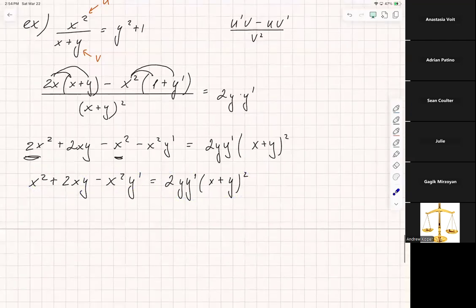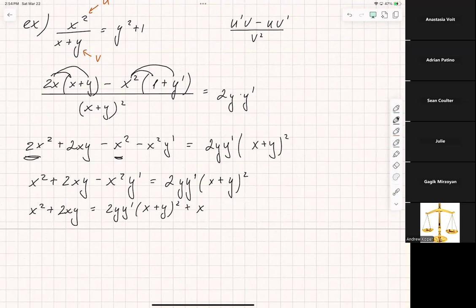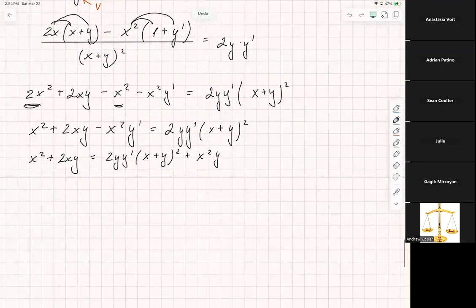So we have x squared plus 2xy equals 2y y prime x plus y squared plus x squared y prime, right? And now on the right side we have y prime times (2yx plus y squared plus x squared), and on the left side we still have the same.